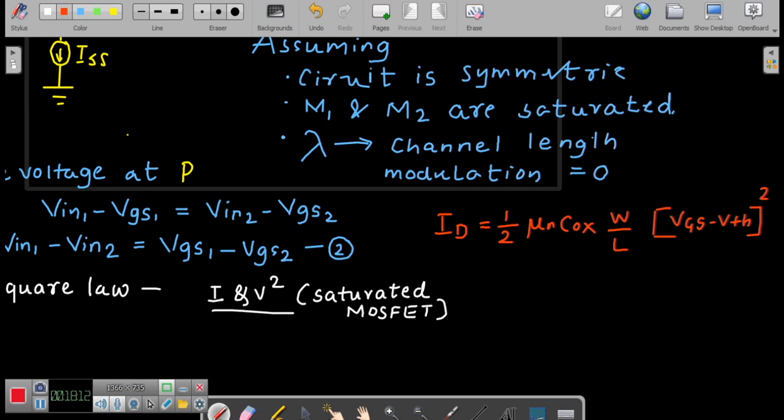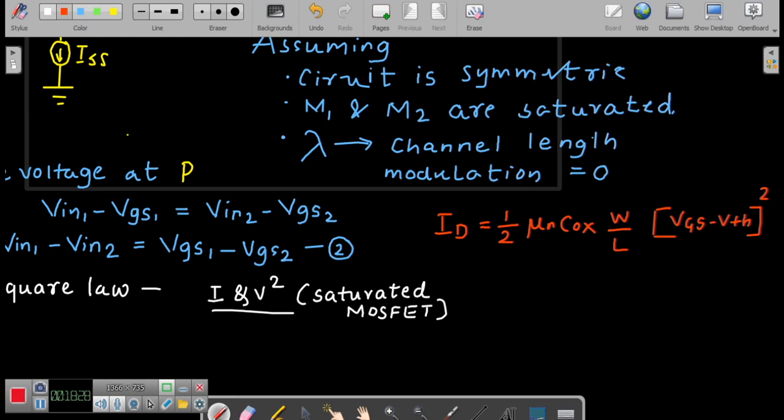This is a very, very important expression. So ID, the drain current, is given by this expression: mu n COX into half into W by L into (VGS minus VTH) whole square.